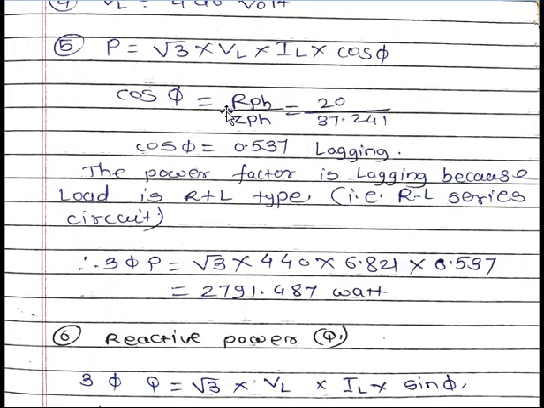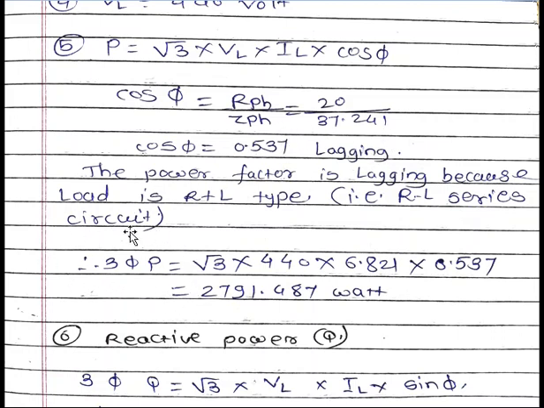RPH is 20 ohm, ZPH is 37.241. The answer of this calculation is 0.537 lagging power factor. The power factor is lagging because the load is RL type load, the RL series circuit. So due to the presence of inductance, the load is lagging in nature.